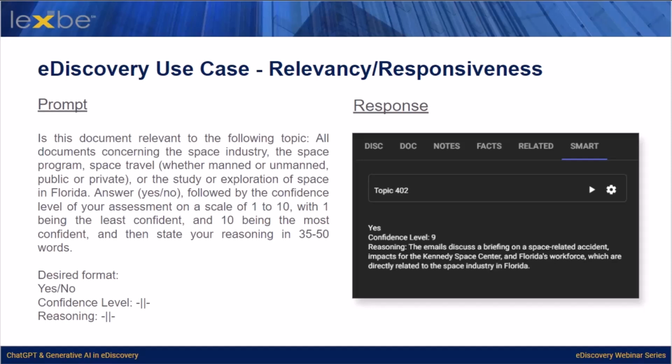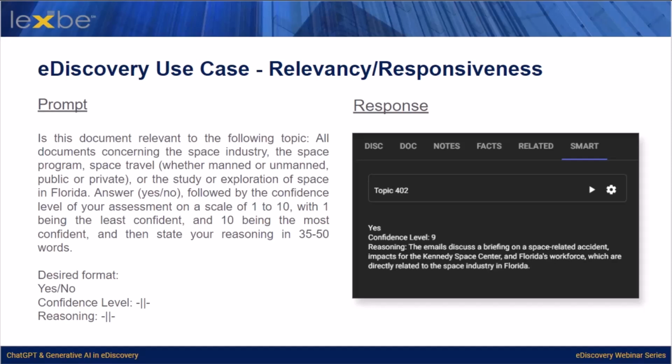So when we look at this from the perspective of a first level review, imagine running this prompt across all of the documents in your data set and then taking the documents that have a confidence level of, say, 8, 9, or 10, promoting those to the next level of review, and then maybe taking documents with a confidence level of 7 or lower, and either doing some extra searches on them, or generally just putting another set of eyes on those documents before you make the determination as to whether or not you want to go ahead and promote them to the next level of review.